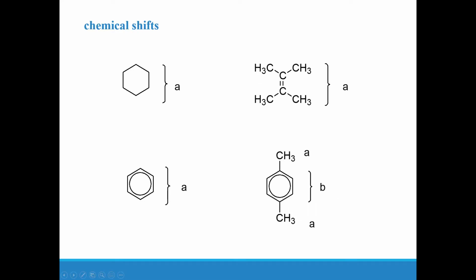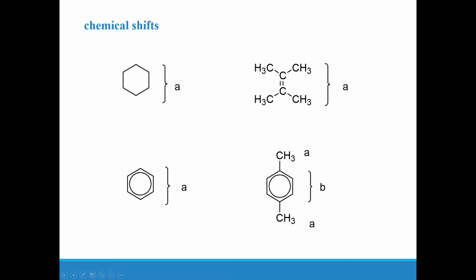Here's an example of what I was talking about, the different types of hydrogens. Just running through these again. Cyclohexane: all the hydrogens have one signal, because they have no neighboring distinct hydrogens and the molecule is completely symmetrical. Benzene: one hydrogen on each point, one signal.